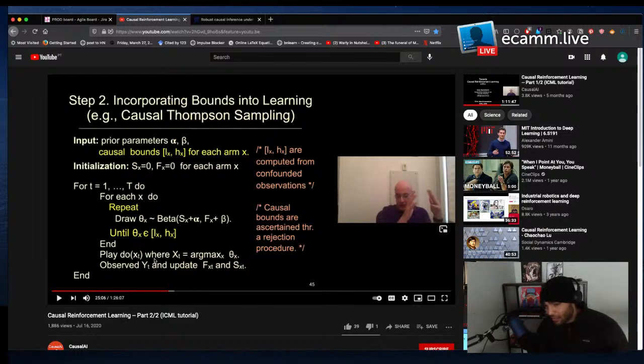And so is that actually Thompson sampling? In normal Thompson sampling, each x has a probability of being the best.